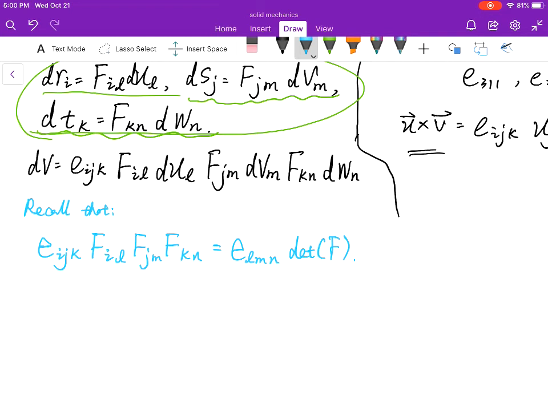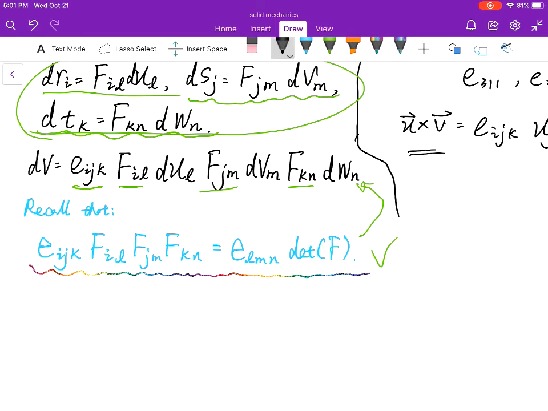So this permutation notation times these three components in the matrix equals the permutation times the determinant of the matrix directly. Okay, so this one is very important. If you recall this one, you just substitute it here.